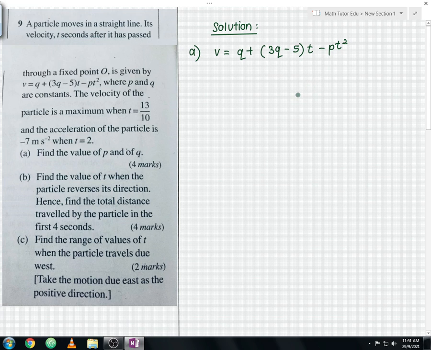Like I mentioned, this is the first information. So let me write it over here. When t equals 13/10, so from here your velocity will be maximum.